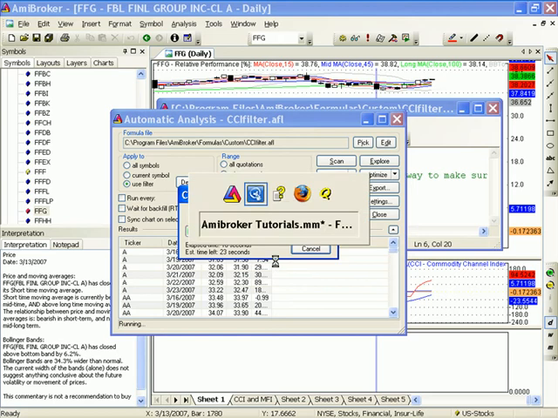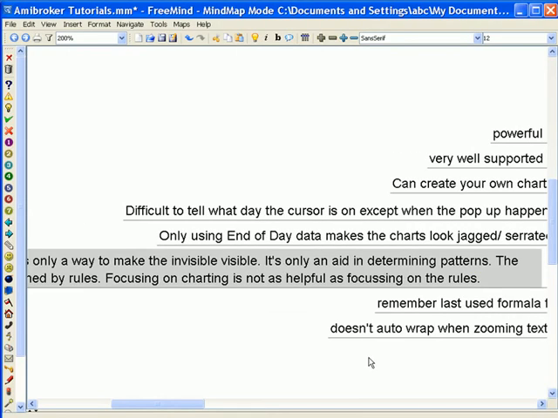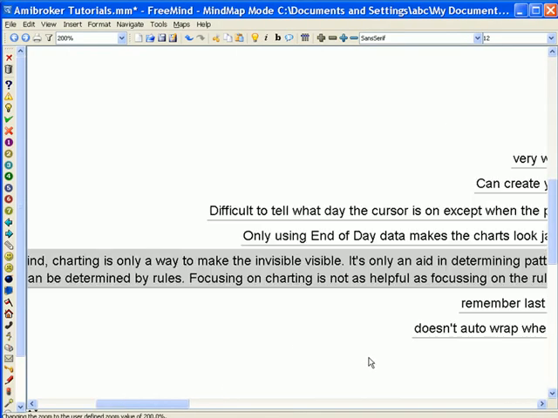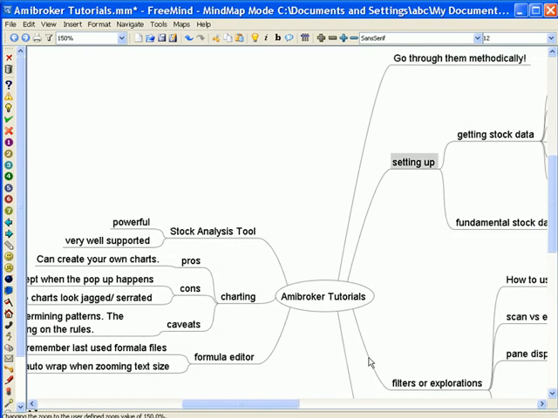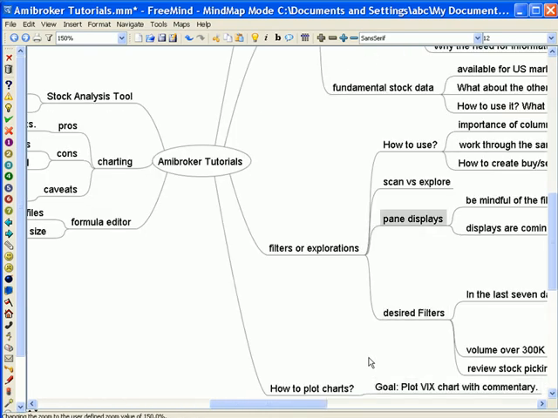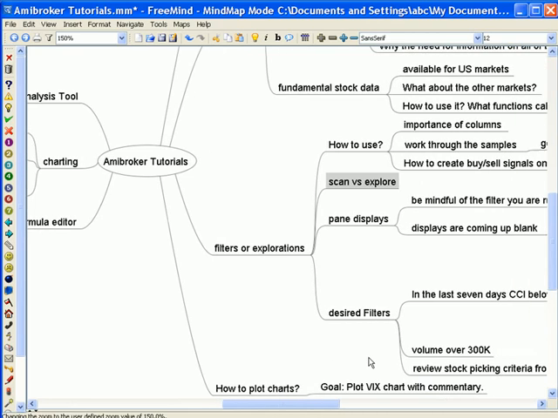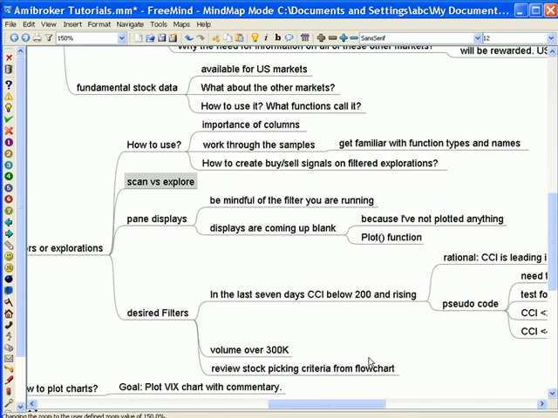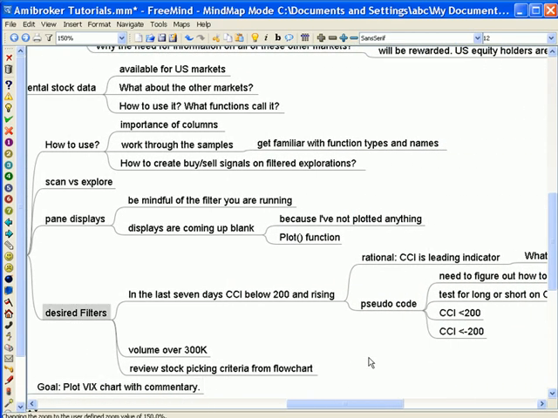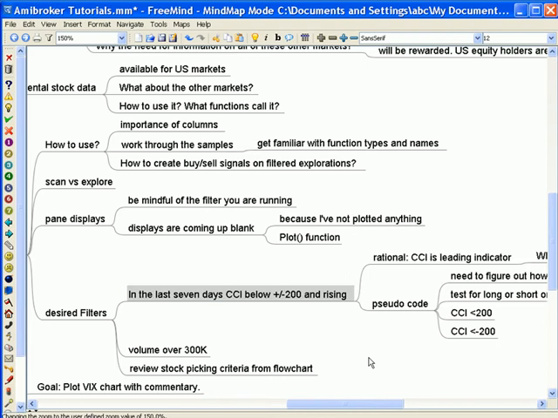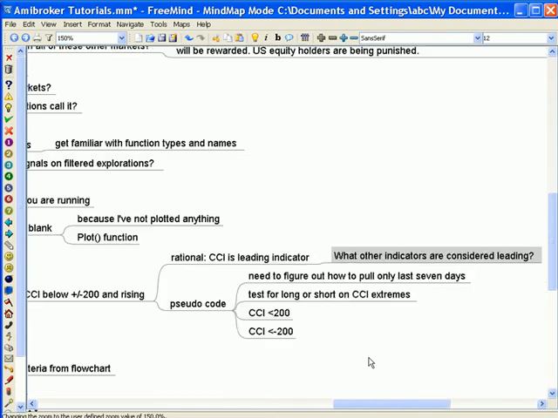So let's go back to my pseudocode. Alt, arrow down, and okay, so my pseudocode is right here. In the last 7 days, CCI below 200, above or below, plus or minus, how about that? Plus or minus, and rising, rationale CCI is leading indicator.